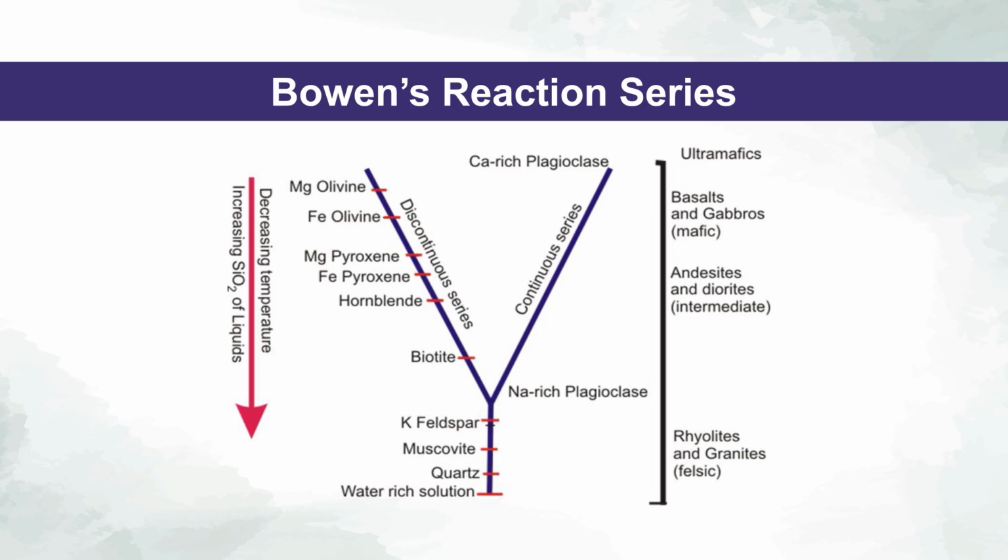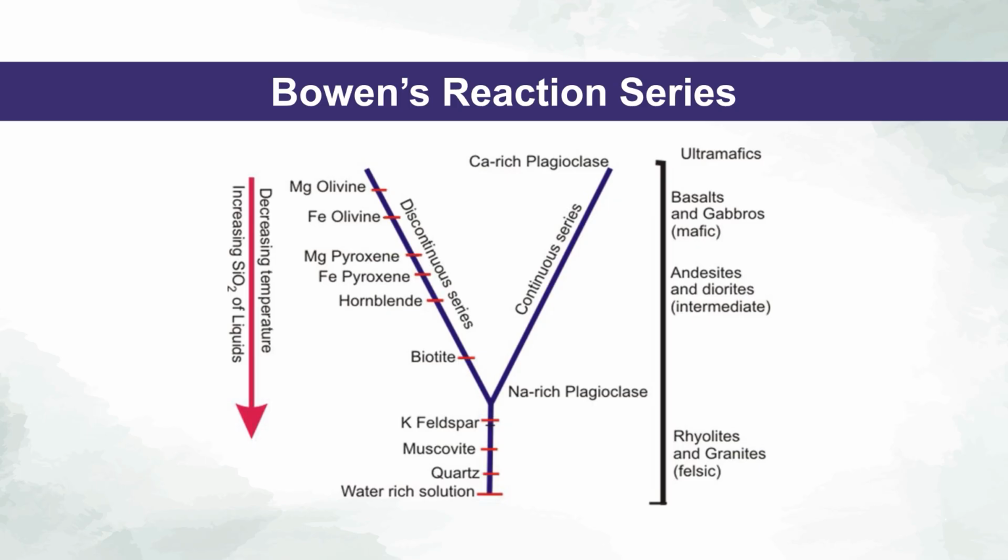This is known as the continuous series because in this series, all the plagioclase minerals from anorthite to albite, minerals like bytownite and labradorite, are crystallizing in between with varying calcium and sodium percentages. So initially, when the magma undergoes cooling and crystallization, the resulting rocks are mafic.